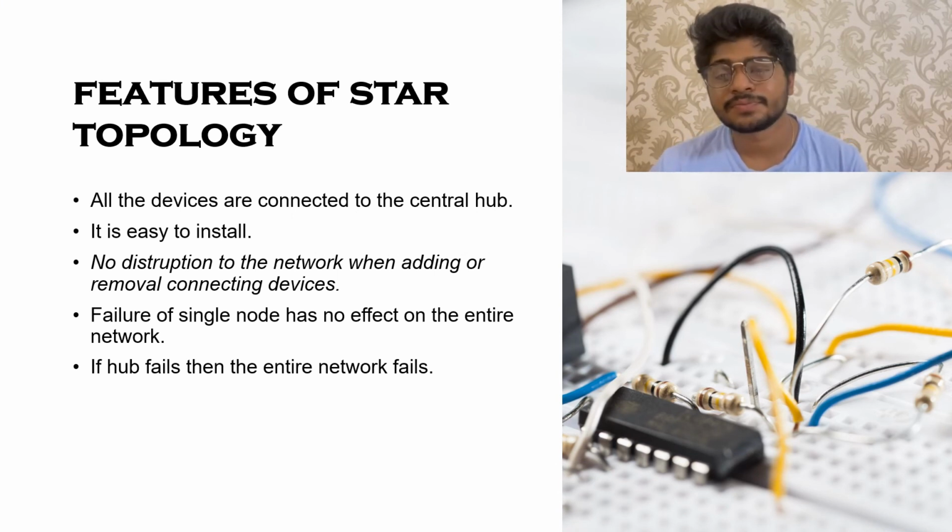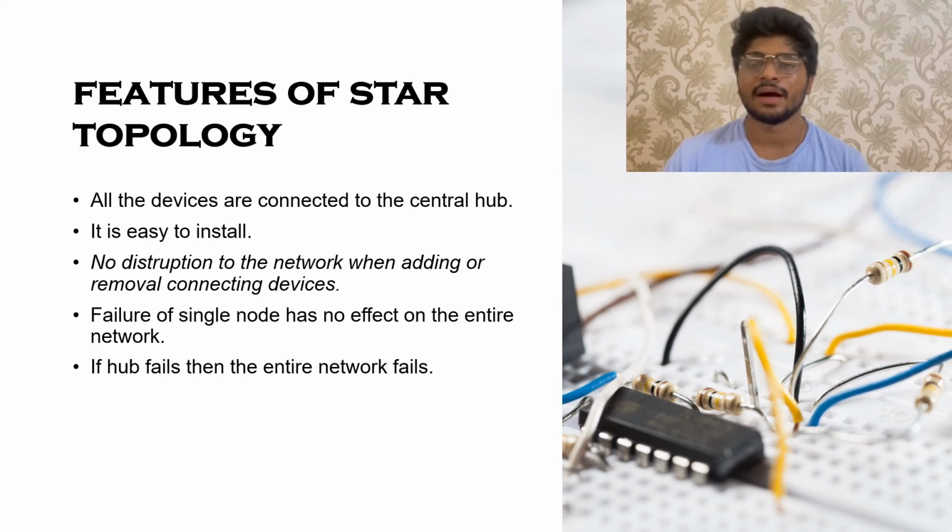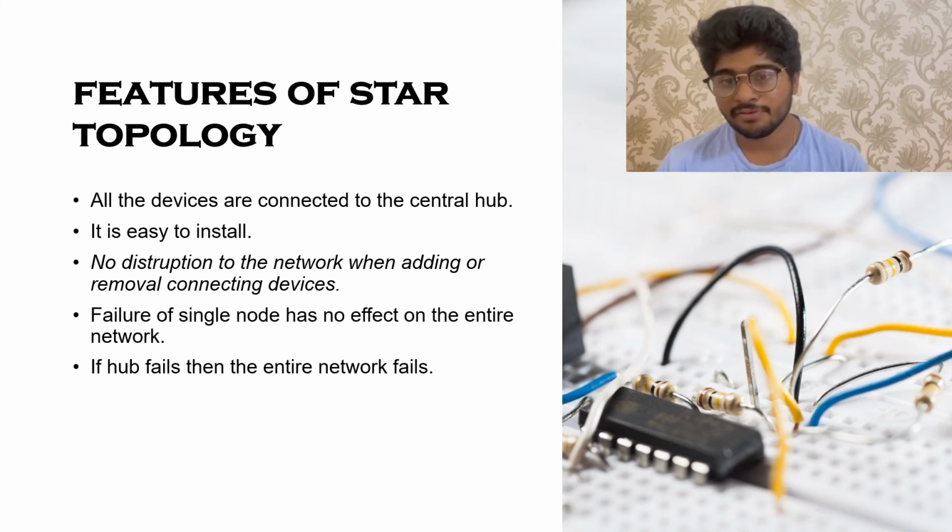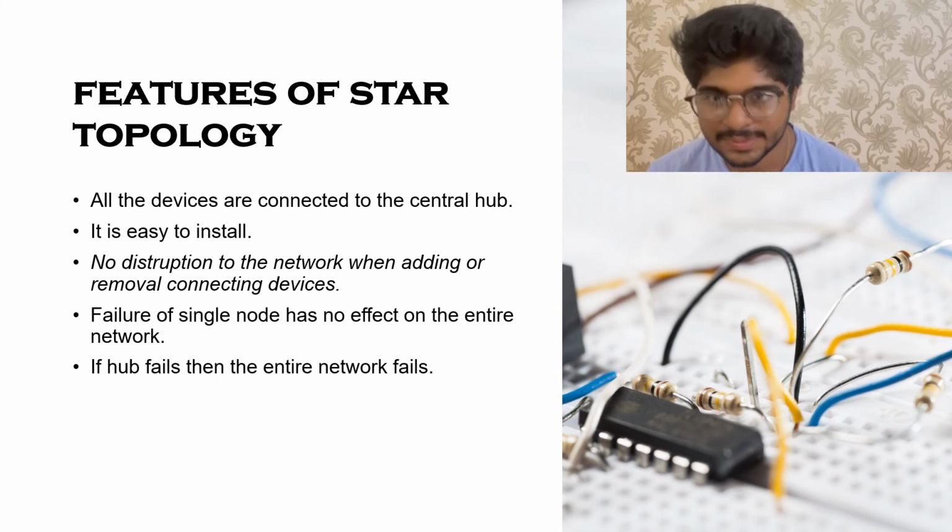Number one, all devices are connected to a central hub. If there are 5 or even 10 devices to be connected, all of them will be connected to a single central hub. The single central hub is the main controller for all the devices.